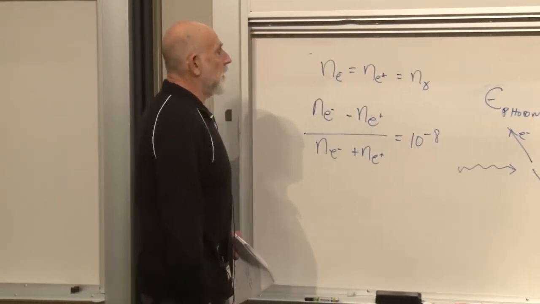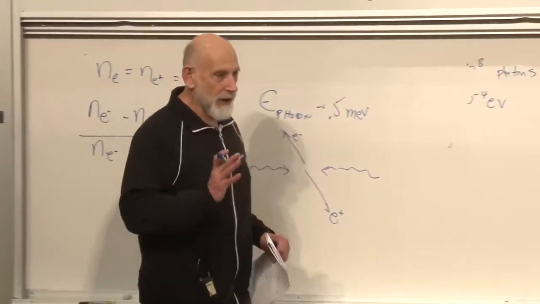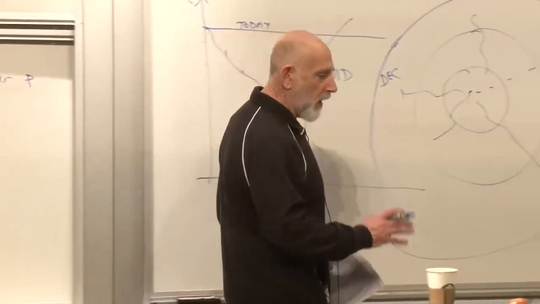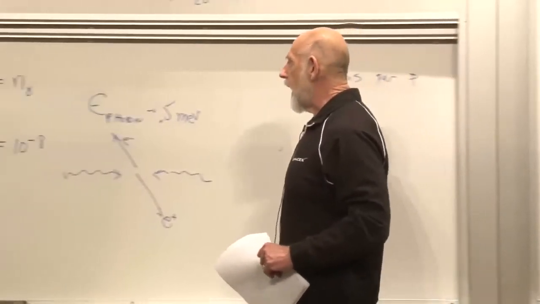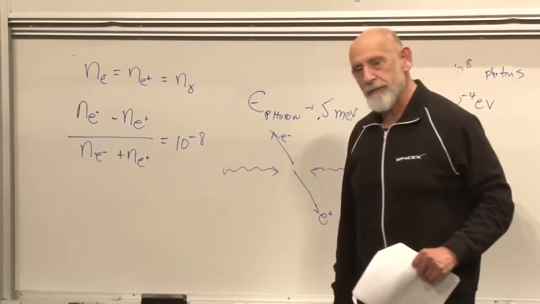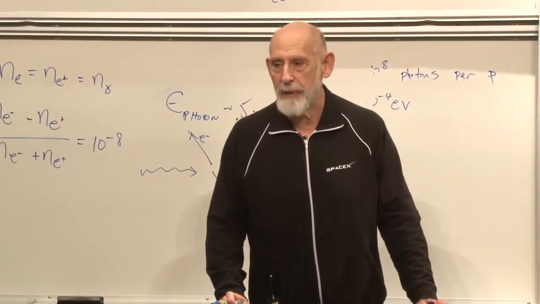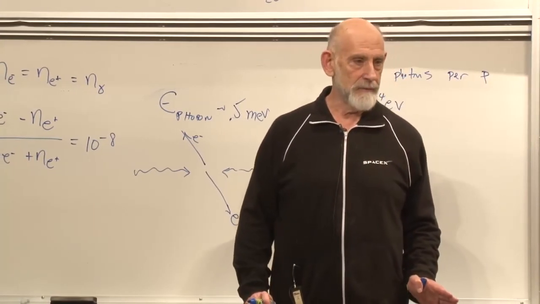In other words, if we forget about today and ask what life was like in the very early times when electrons and positrons were as abundant as photons, then basically for every 10 to the 8th electron-positron pairs, there was one excess electron.